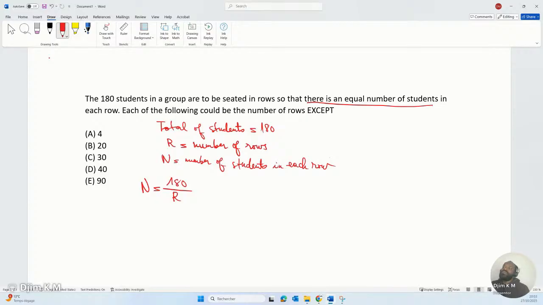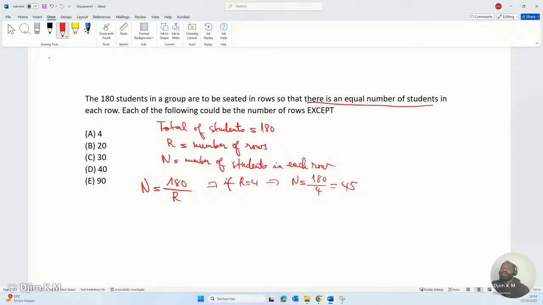Let's take, for example, if we have 4 as the number of rows. Let's just say if r is equal to 4, then n is equal to 180 divided by 4. This will give us 45.